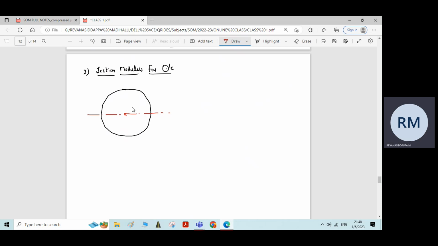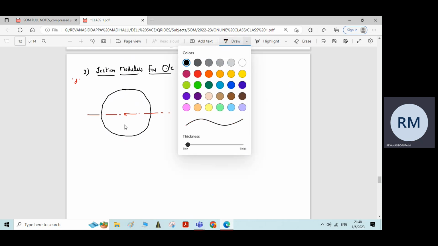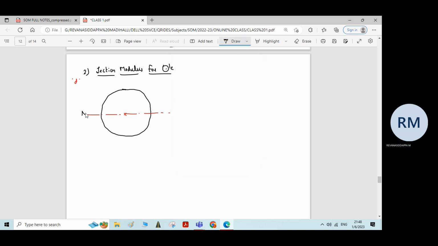If we assume d as the diameter of the circle, the distance of the extreme fiber from the neutral axis will be how much? d by 2. Correct?